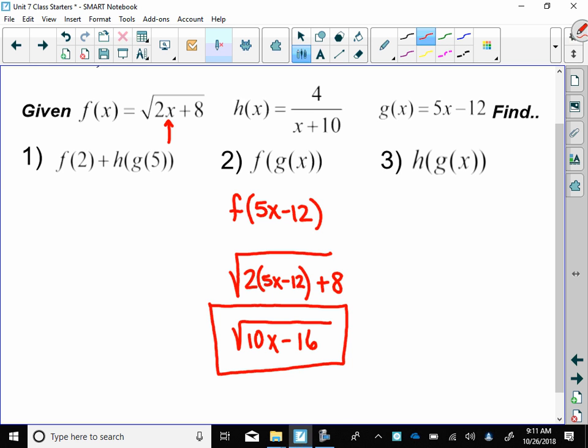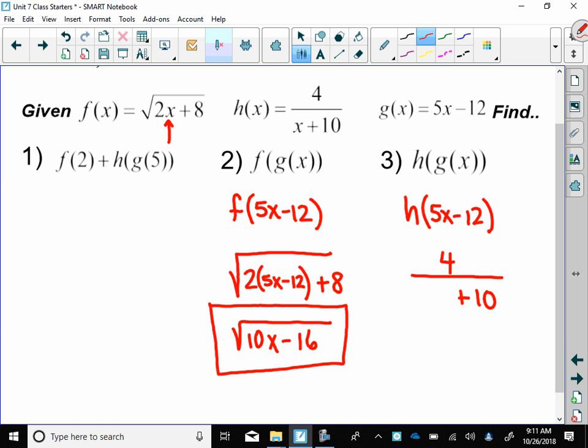And then for number 3, it's h of g of x, which g of x is 5x minus 12. So we're going to take 5x minus 12 and plug it in to our function h. And our function h is 4 over x plus 10.